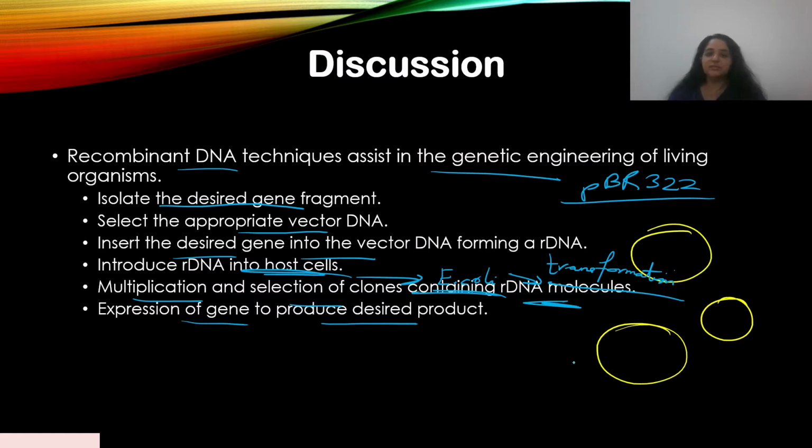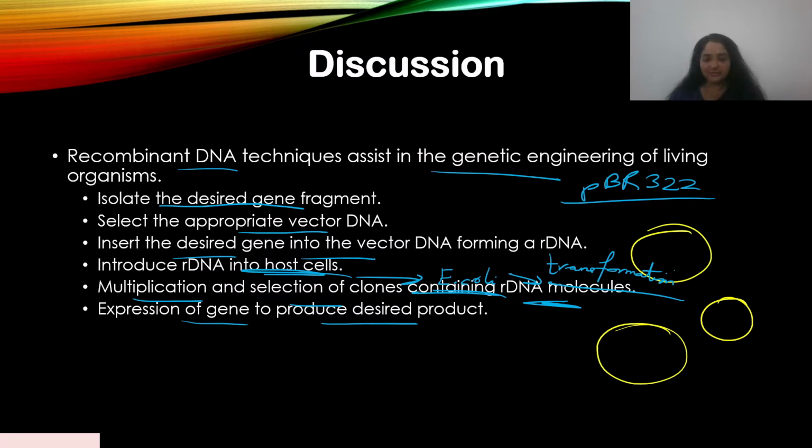Once the rDNA is introduced into the host cell, that means the plasmid which contains the new gene of interest that we want is introduced into the host cells. Now plasmids have the ability to replicate, right? The vector has the ability to replicate on its own, so it begins to replicate and produce many copies of that particular vector. And now once that is there, you need to select which ones are containing the new gene.